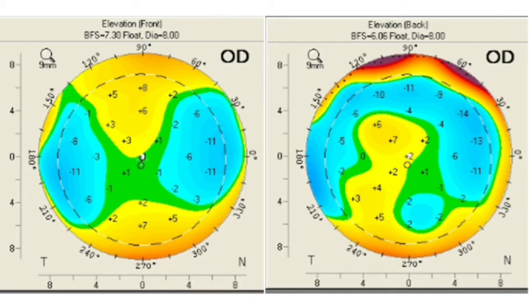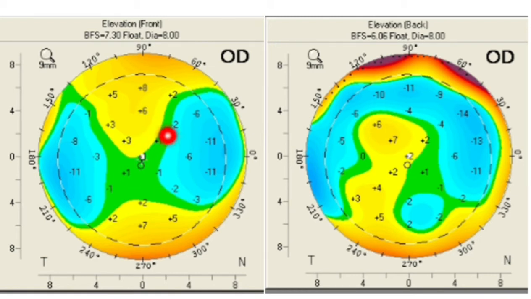Another thing you need to look at is the central 5 mm area. If any point in the central 5 mm area is more than 18, like 19, 20 or 25, 26, then it indicates some abnormality. So, for the point nearest the thinnest location, it should be less than 8.